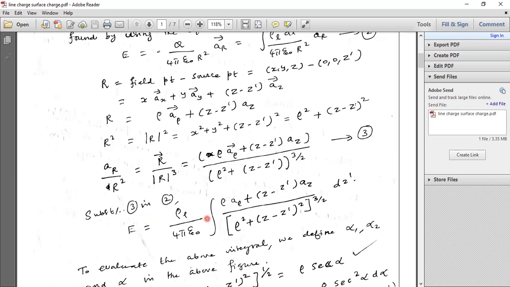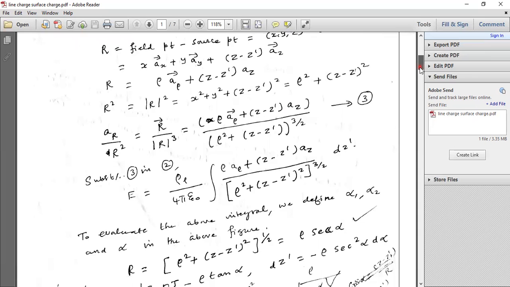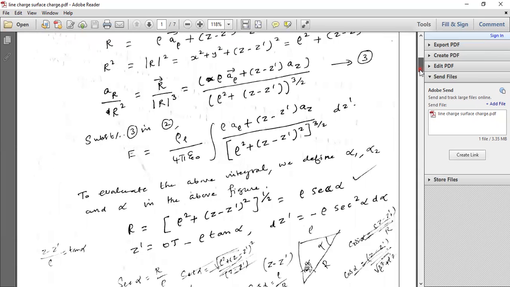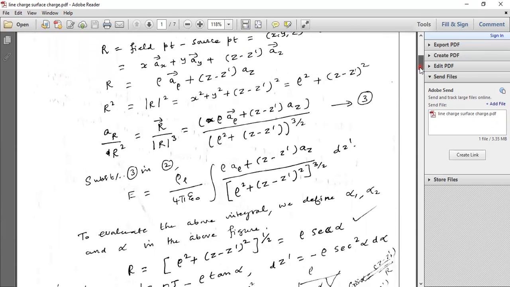Substituting this, we have rho L by 4 pi epsilon naught, with AR by R cube inside, and integration with respect to z dash. My intention is to get the integration in terms of alpha.